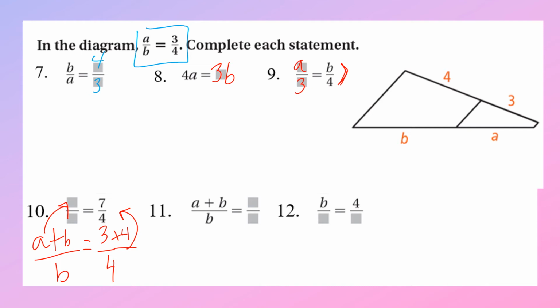For 11, it's the same thing. You're adding the denominator. So if I take my original fraction and I am adding the denominator, you could have this as an answer, or you could simplify it and do 7 over 4. For 12, our denominators are going to the numerators, so that means my numerators need to go to the denominators.